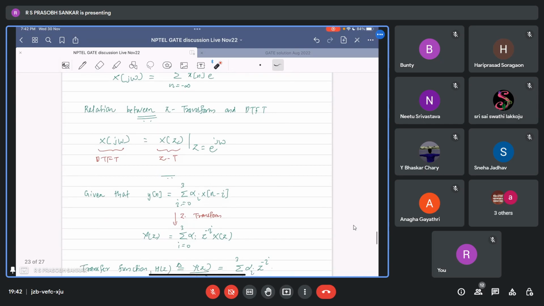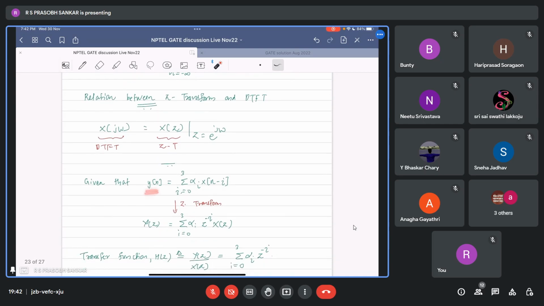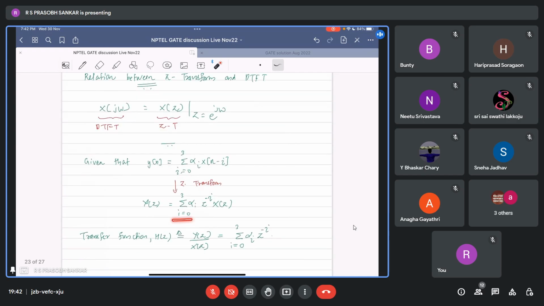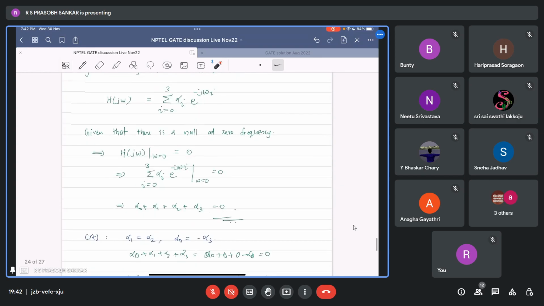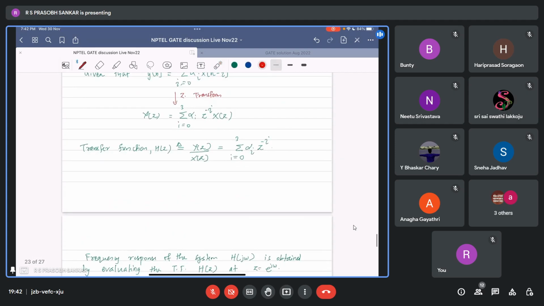Okay, thanks. So it's given that y of n is summation i equal to 0 to 3 alpha i x of n minus i. So the Z transform will be something like this. By the way, no need to go that complicated. Even if you don't recollect what a Z transform is, this is kind of simple.